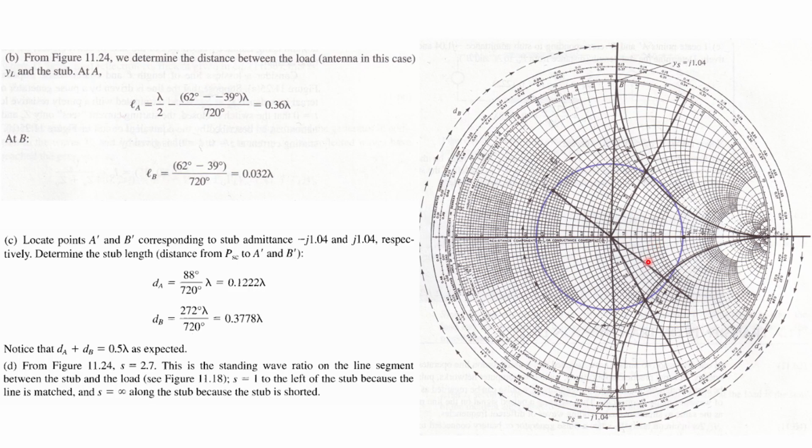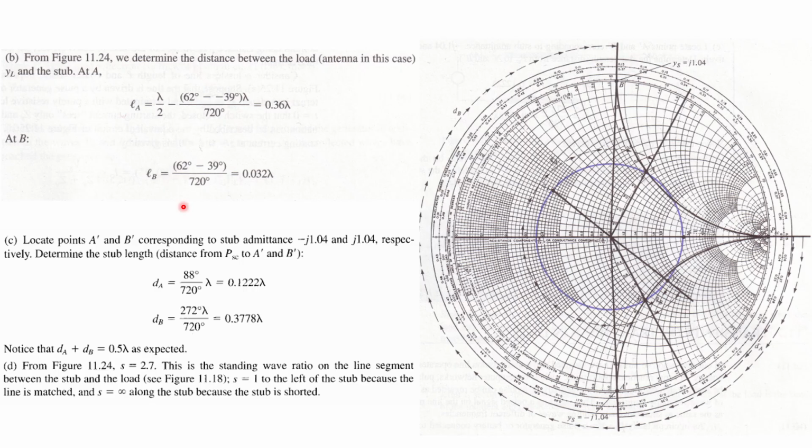This is your minus 39. Check it here, this is minus 39. This is in the minus. So total lambda by 2 minus this region will be the full length of your LA. So LA is equal to lambda by 2 minus 62 minus 39. So you will get the final value, this one.